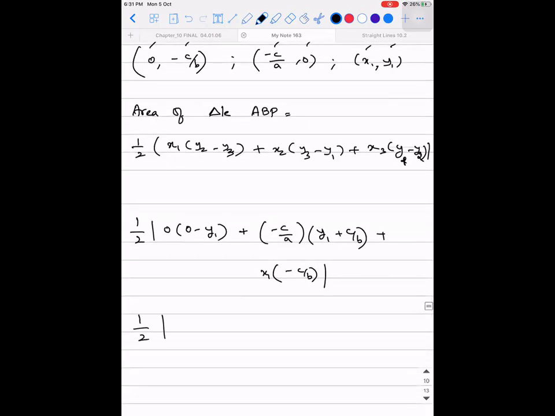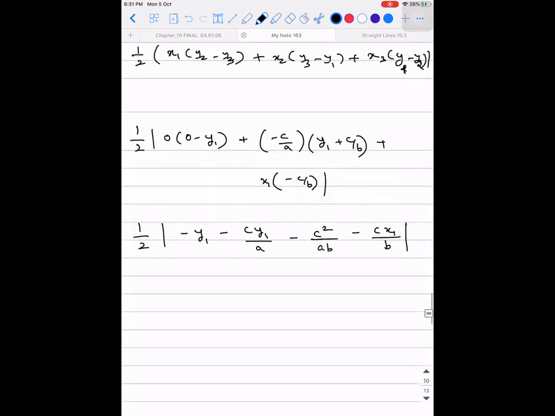So half into minus cy1 by a minus c square divided by ab minus cx1 divided by b. So what is the LCM, guys? Sir, instead of minus y1, 0 should come, no, sir.